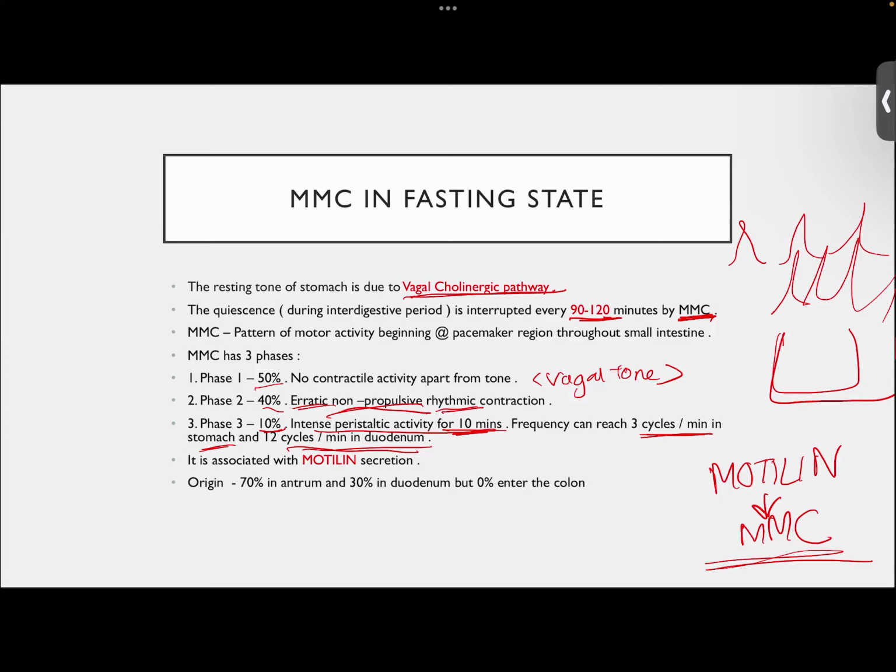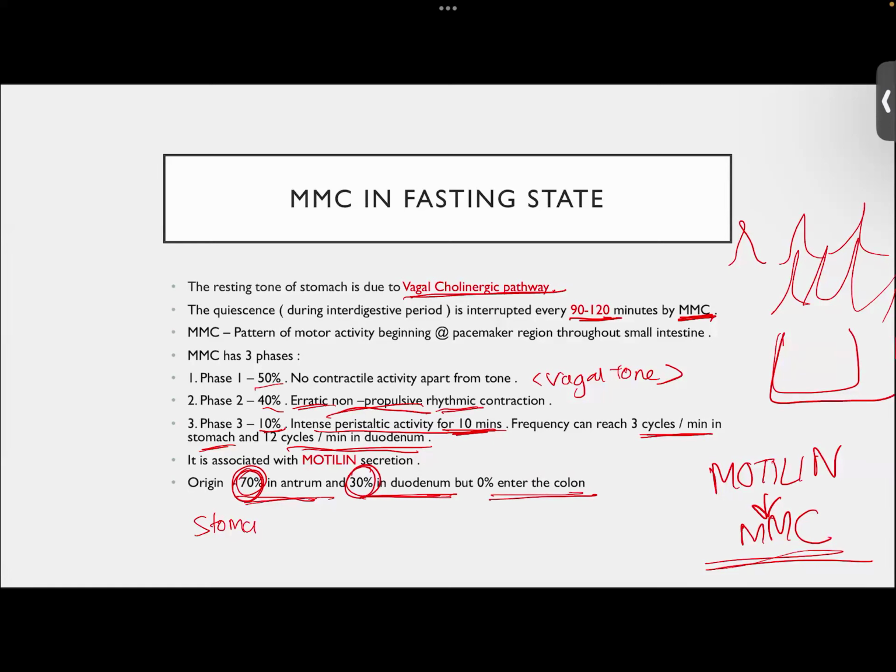Okay, now MMC, 70% of them are in the antrum and 30% are in the duodenum, but 0% enter the colon. So the antrum, which is in the stomach, has 70% of the MMCs, and 30% of them reach the duodenum. Actually, the stomach MMCs are different from the duodenal MMCs.